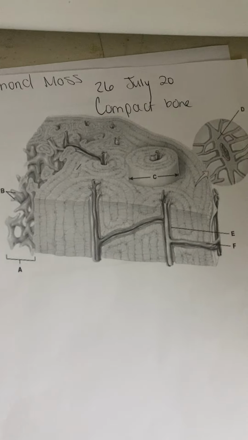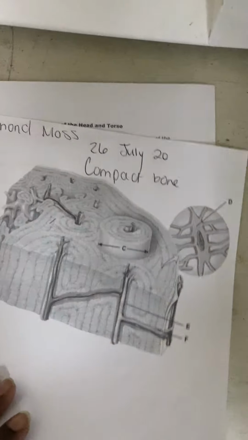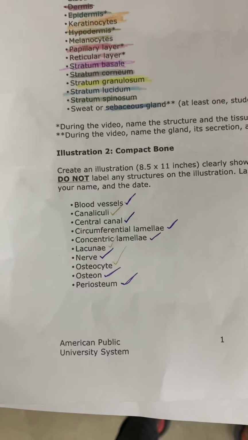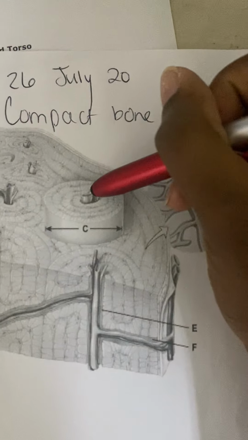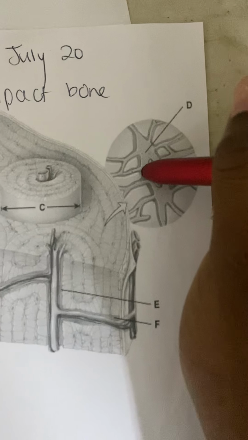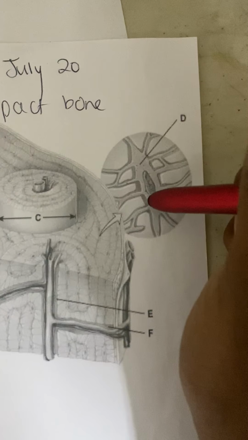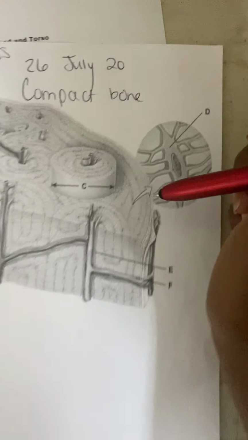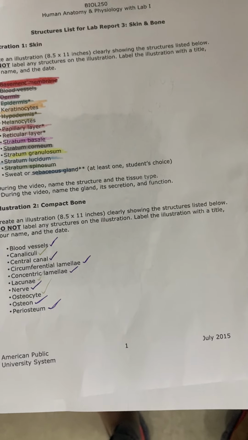The next one is the compact bone. Just the list. First is blood vessels, which is here. These are 2 blood vessels in that picture. The next one is the canaliculi, which is these lines here in between. Next one is the central canal, which is here.